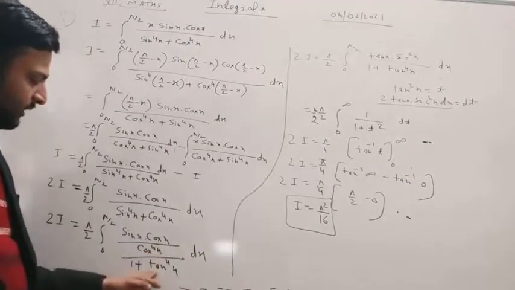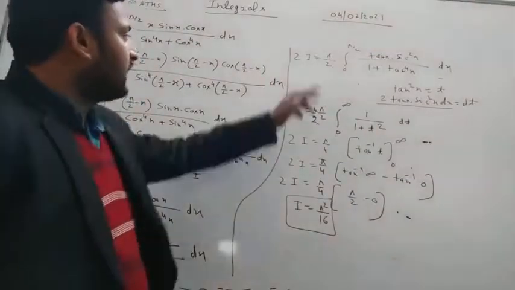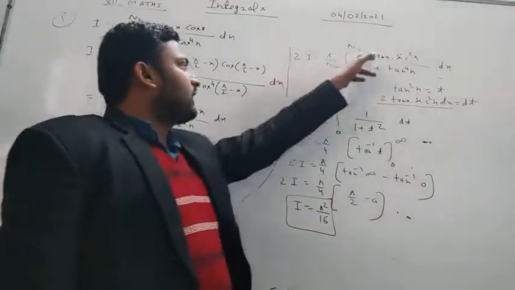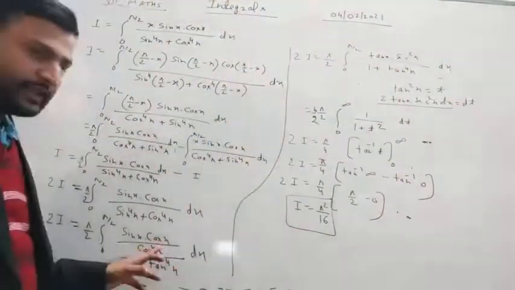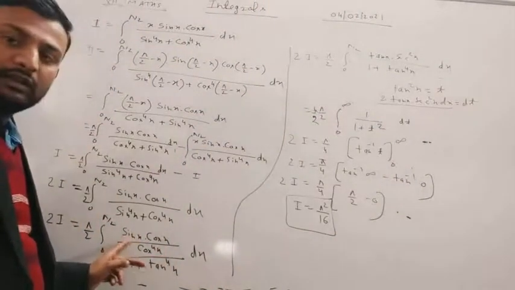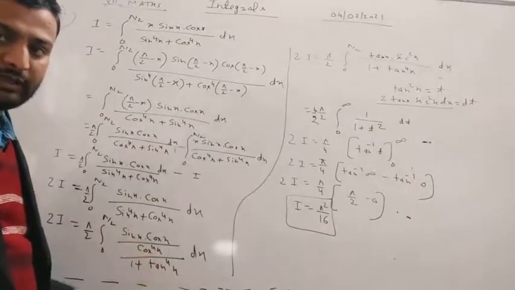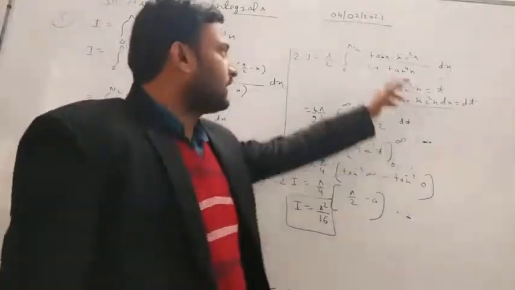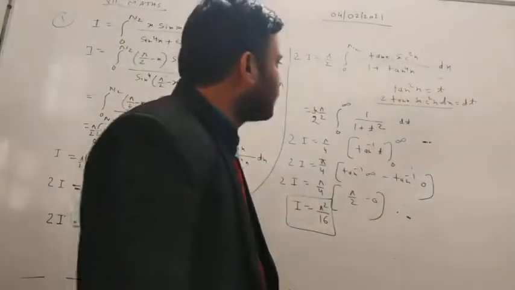So we are getting 1 in this part and tan to the power 4x here, and 2I is pi by 2 times the integral from 0 to pi by 2 of tan x into sec square x. One cos x will cancel, the other will change in tan x, and the cos square x will be written as sec square x. So we can write this as tan x into sec square x dx. I hope you understand, students.